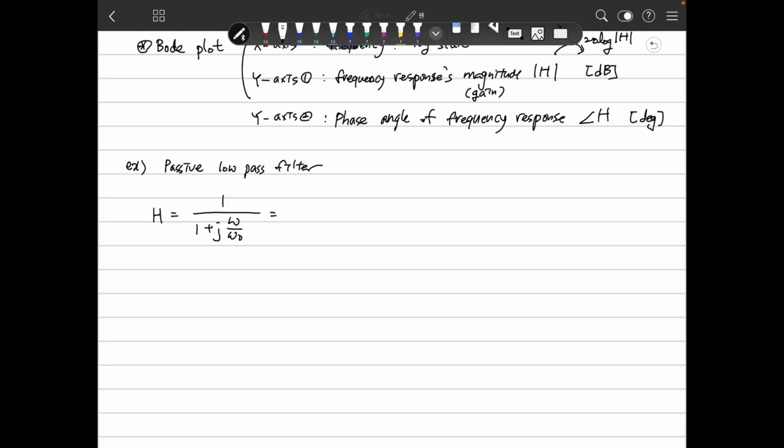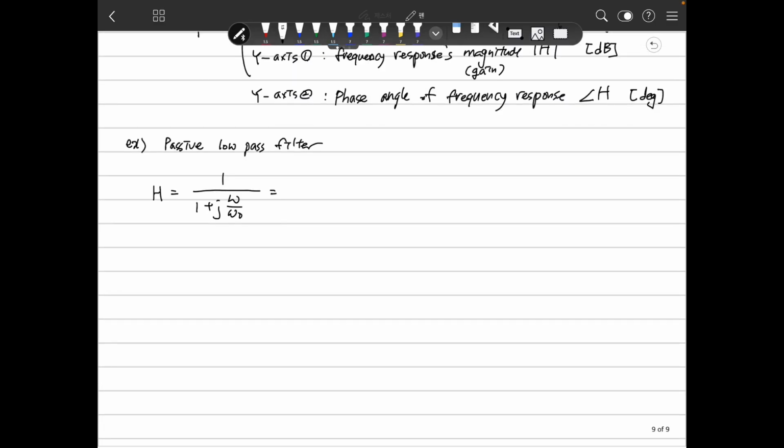So we can express these variables. The magnitude of that is 1 over the square root of 1 plus omega over omega 0 squared, and the phase angle is minus arctangent omega over omega 0. So this is H and phi.